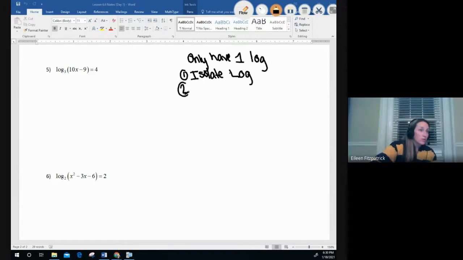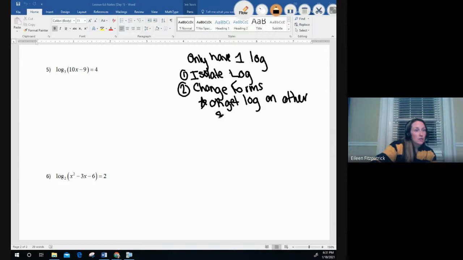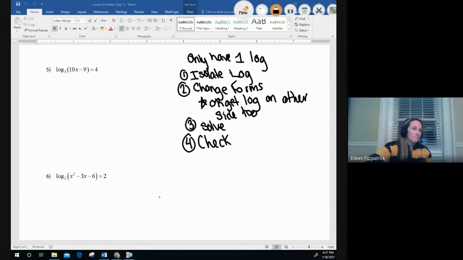You're going to change forms, or log on other side 2. And then solve. And again, for these problems, it's important to check.